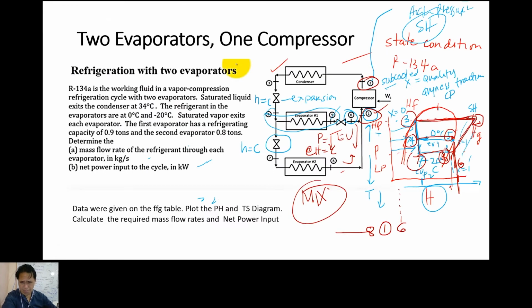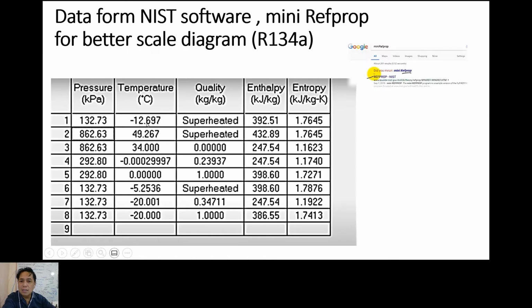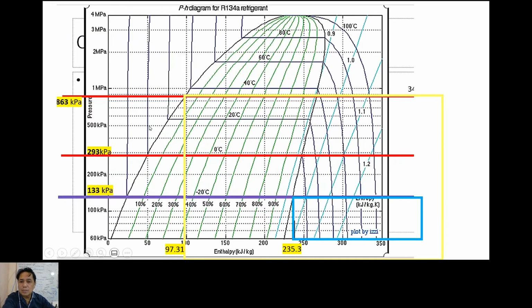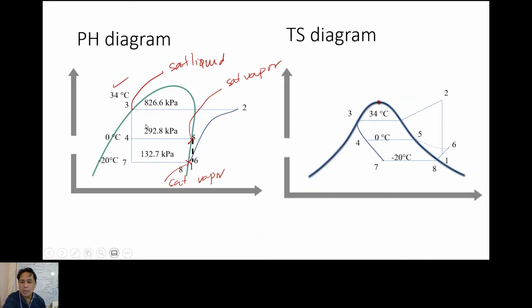If you read the problem carefully, it says saturated vapor exits each evaporator. So you know they are saturated vapor. Now, we were able to plot these.